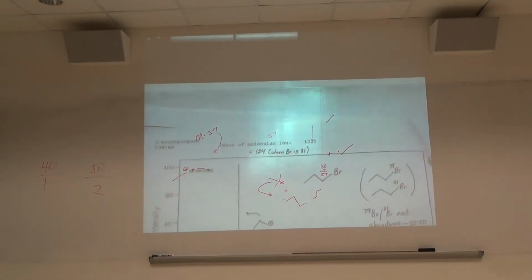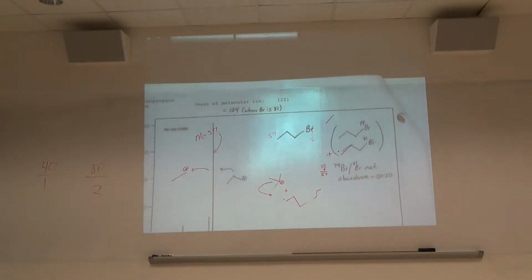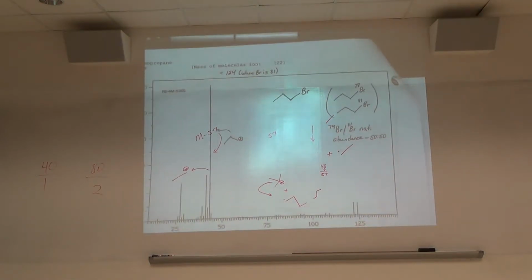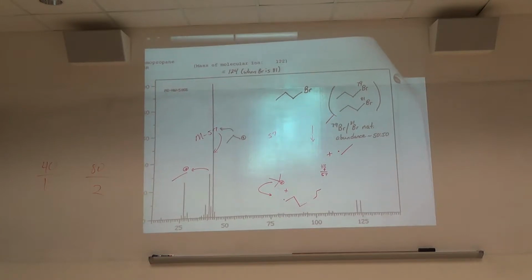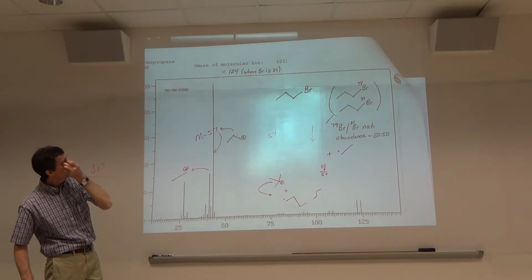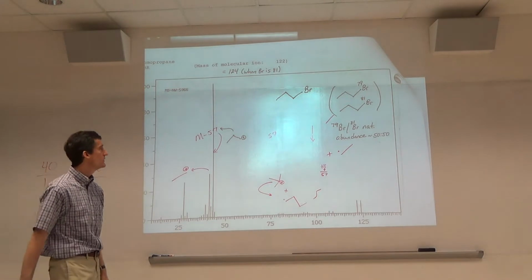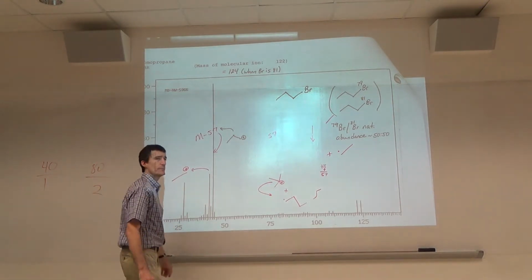Let's take a look at isotopes. Here's a compound with bromine in it. It says the mass of the molecular ion is 122. Well, they're only telling you half the story. It's also 124. What do we know about bromine?